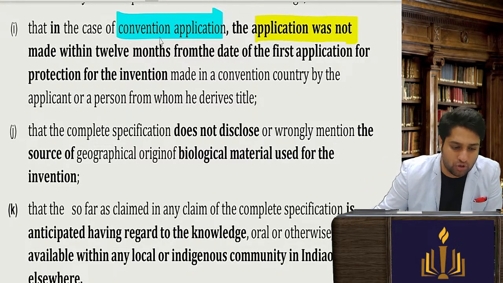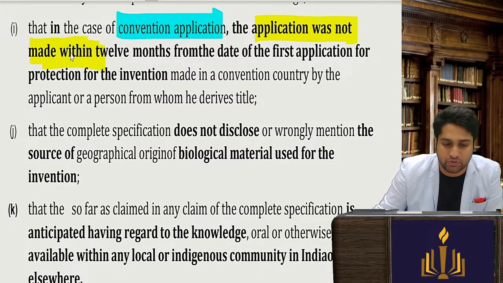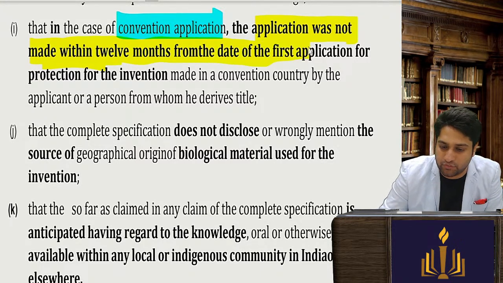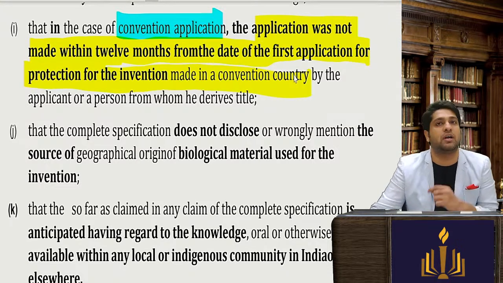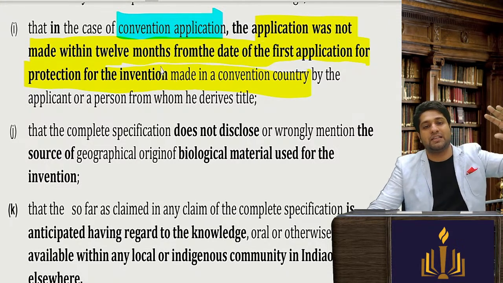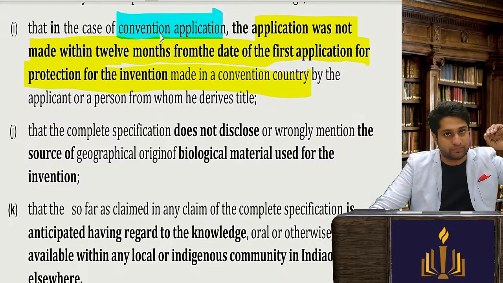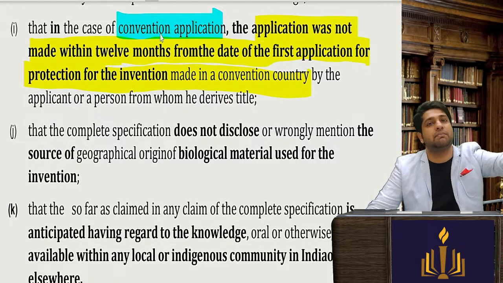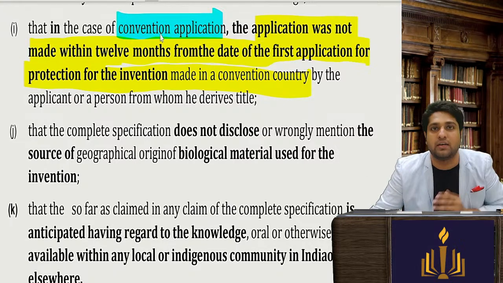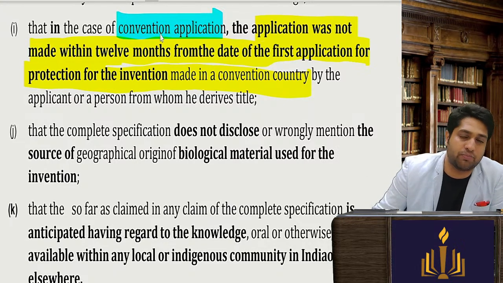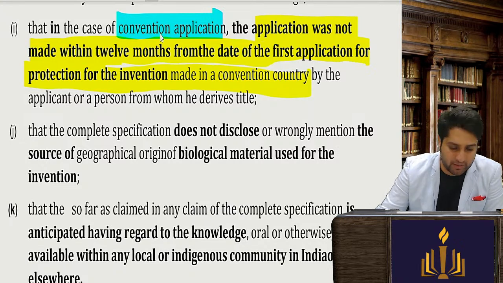The application was not made within 12 months from the date of the first application for protection of invention made in the convention country. So if, let's say, USA is a convention country and it has been published or granted in USA, within 12 months you have to apply for international grant of patent. If you don't do that, you won't get protected.